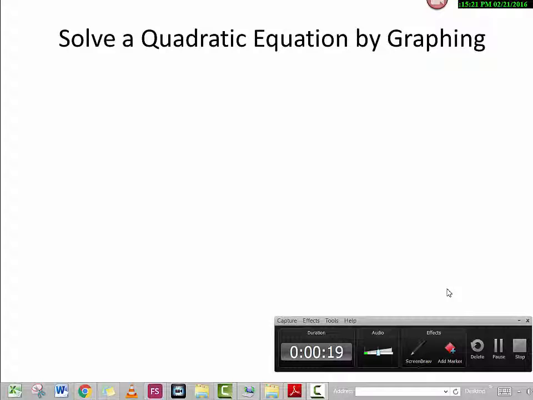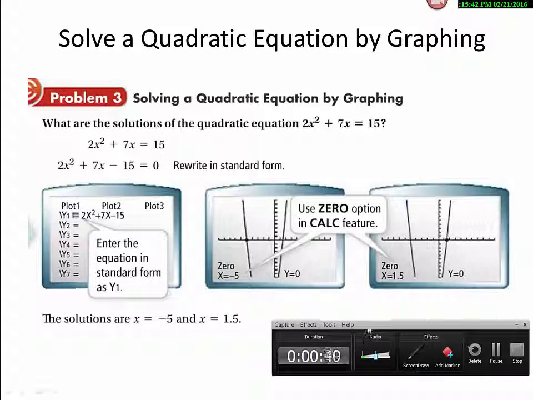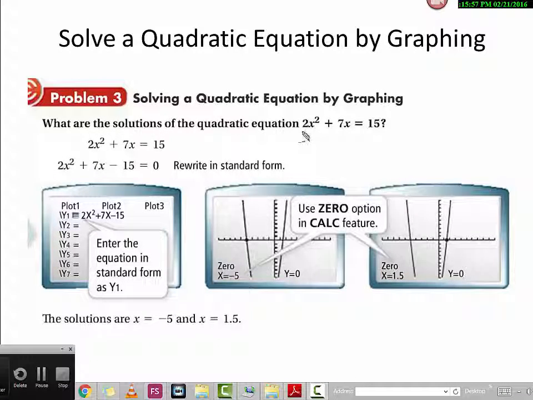You can also solve a quadratic equation by using your graphing calculator to do the graphing. Here's an example. You're asked to solve this quadratic equation. The first step, we set the y value equal to 0 by subtracting 15 on both sides, and you end up getting this equation in standard form.